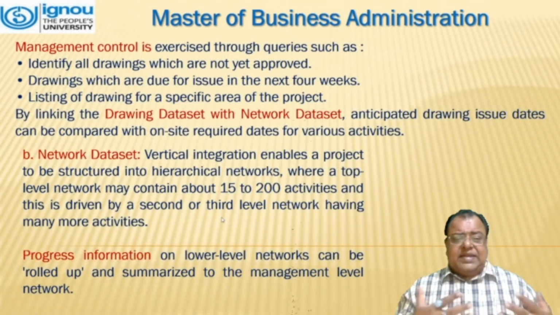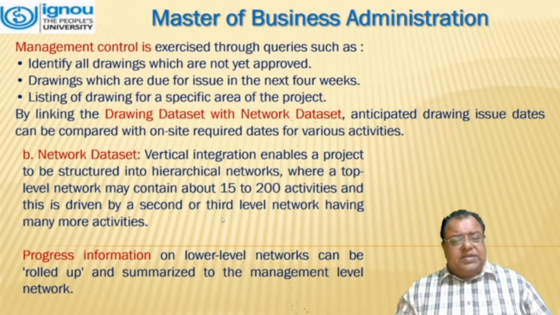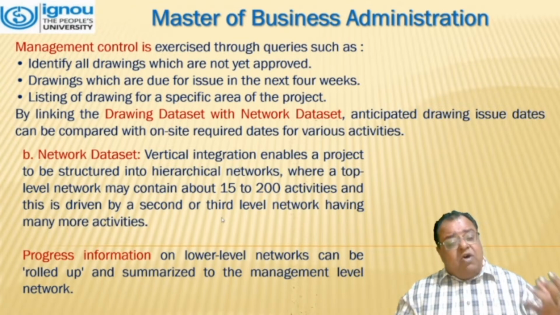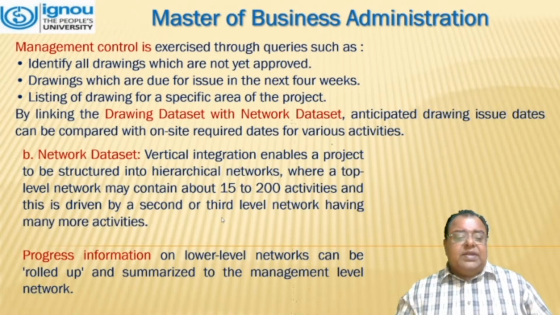Management control is exercised through queries such as: identify all drawings which are not yet approved, drawings which are due for issue in the next 4 weeks, listing of drawings for a specific area of project. By linking the drawing dataset into network dataset, anticipated drawing issue dates can be compared with on-site required dates for various activities. Second one is network data.